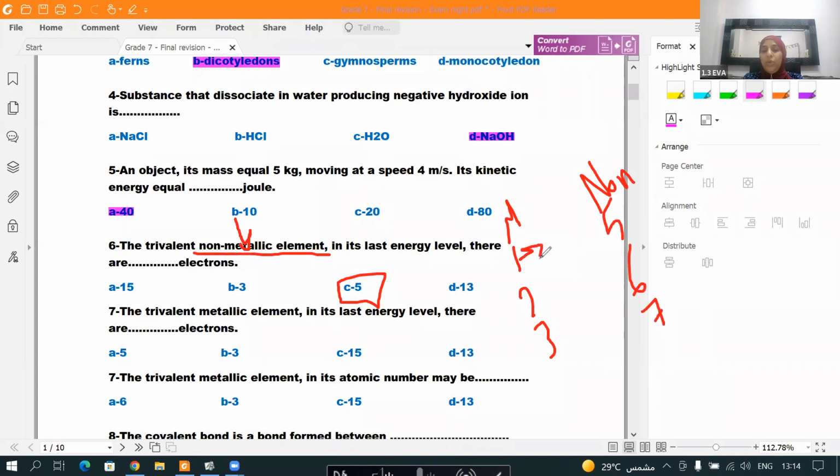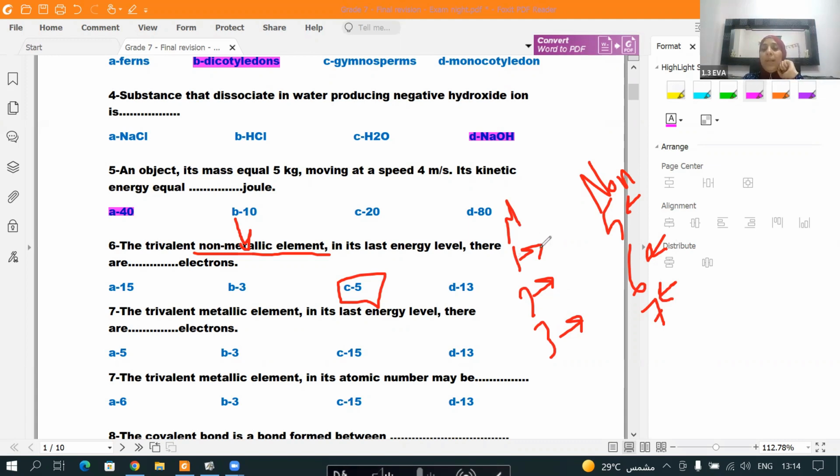This is monovalent because it will lose this one. This is divalent and this is trivalent, okay? But if you look here, this is trivalent and this is divalent and this is monovalent. This depends on how many electrons they receive from the other metallic element.